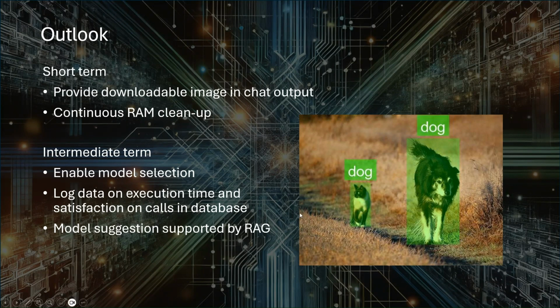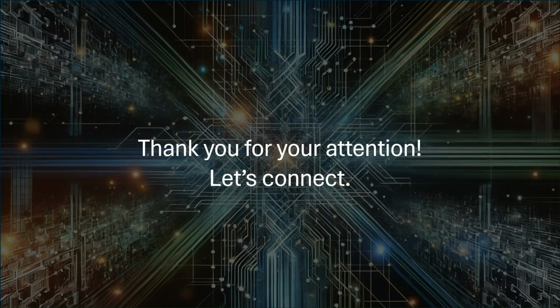Because then we can use this database to provide through RAG a model suggestion feature. And that could be a lot more powerful, because then maybe this can become a chatbot that can suggest for you the best suited object detection model for your computational resources and for the accuracy that you need. That could be a really nice future development.